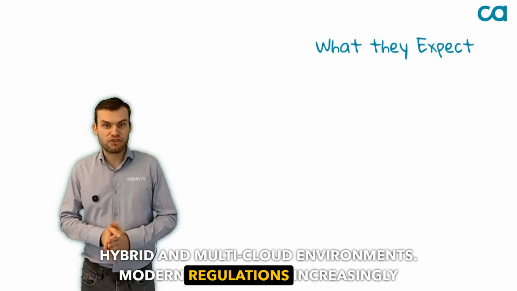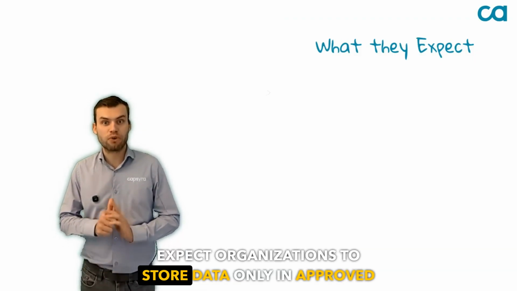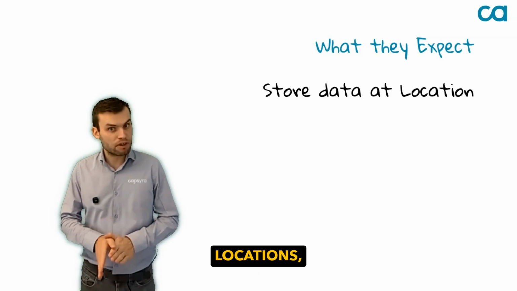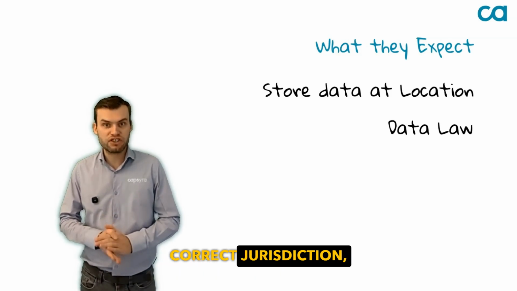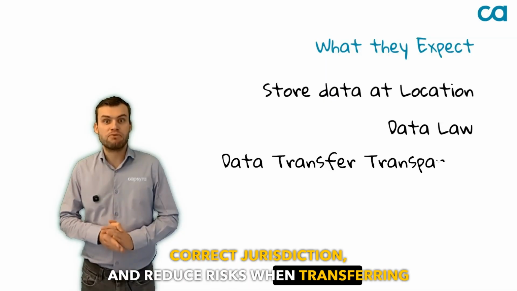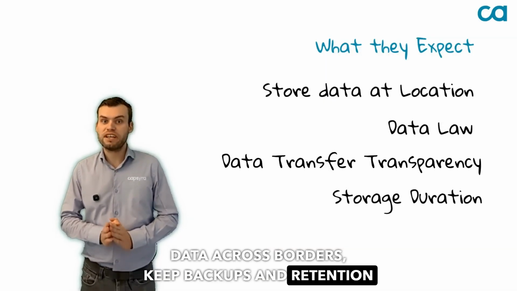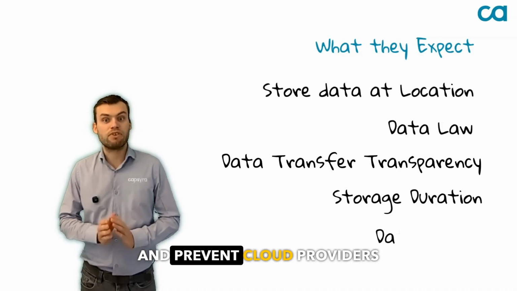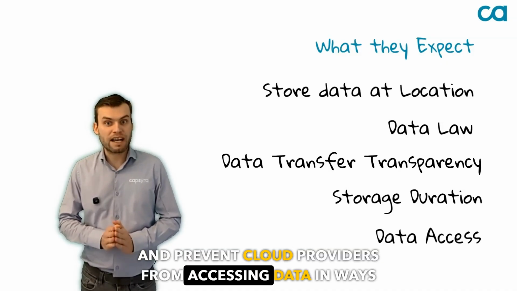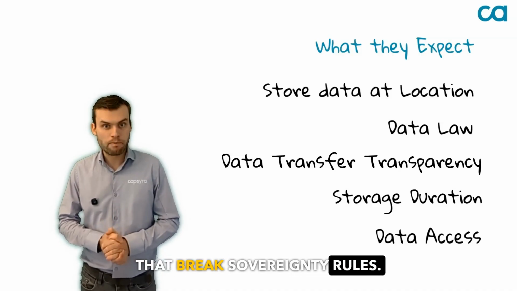Modern regulations increasingly expect organizations to store data only in approved locations, ensure data falls under the correct jurisdiction, and reduce risks when transferring data across borders. Keep backups and retention policies compliant with applicable law, and prevent cloud providers from accessing data in ways that break sovereignty rules.